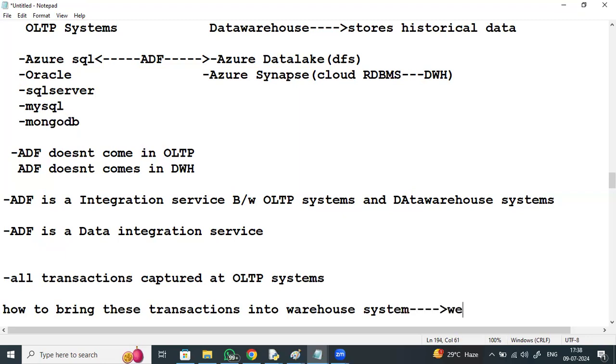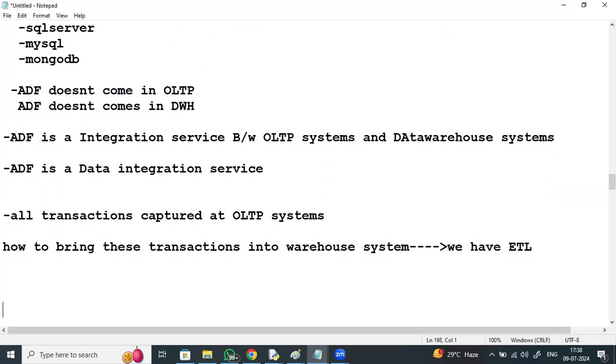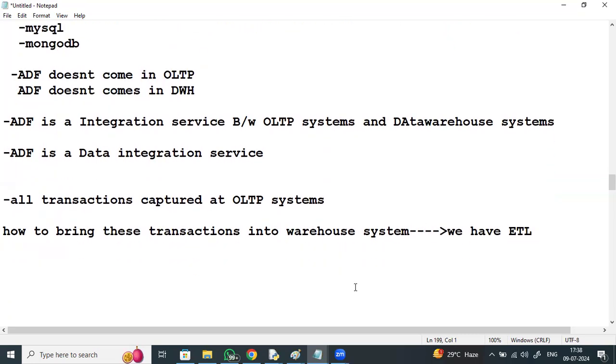We have ETL, extract, transform, load, by using ETL tools.